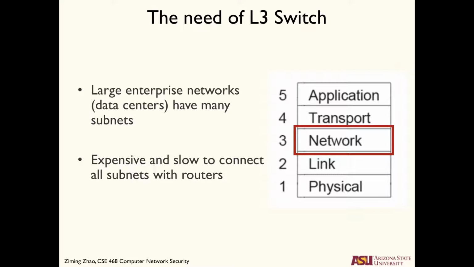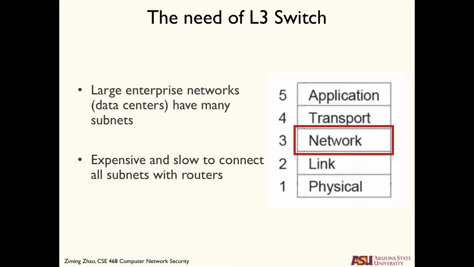However, there are many large enterprise networks nowadays and also a lot of data centers. For convenience, they have to divide those large networks into many subnets, like the ASU networks, where there are many different subnets. One way to construct a large network like that is to use a lot of routers, with a router between each subnet.